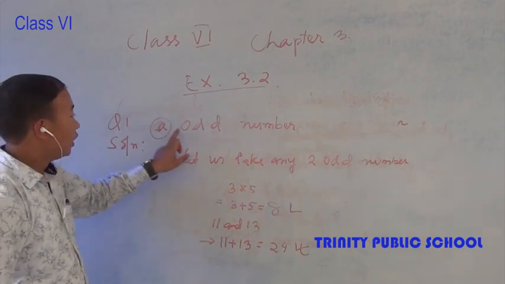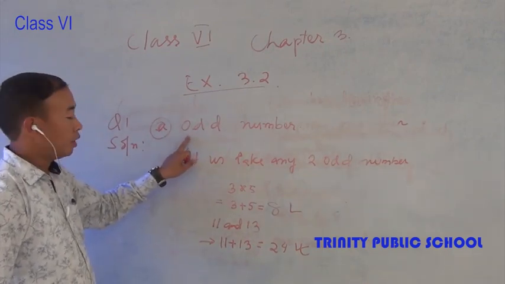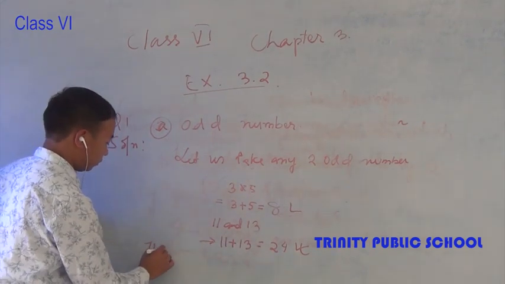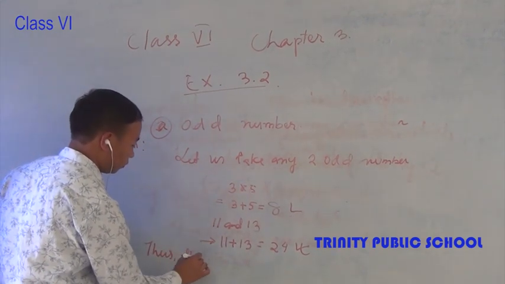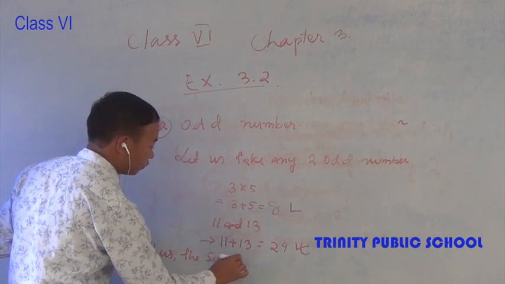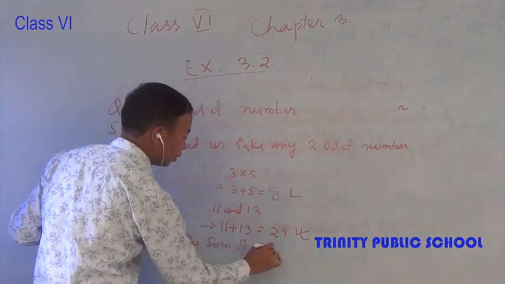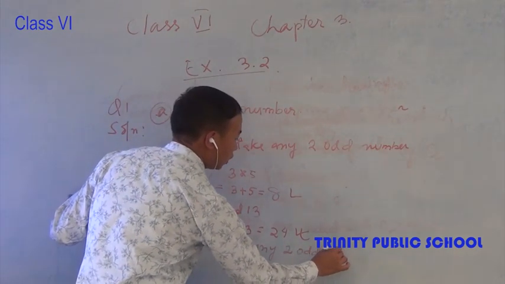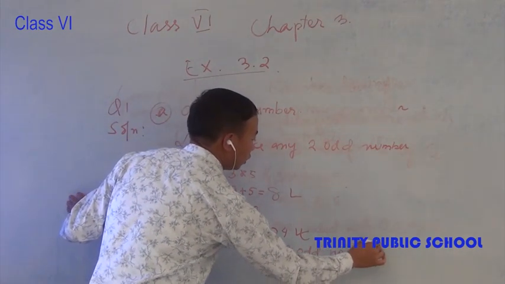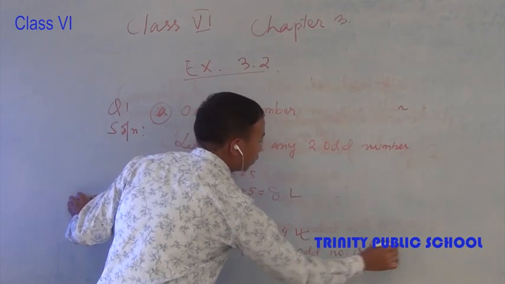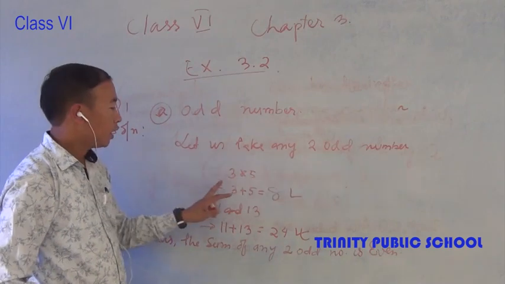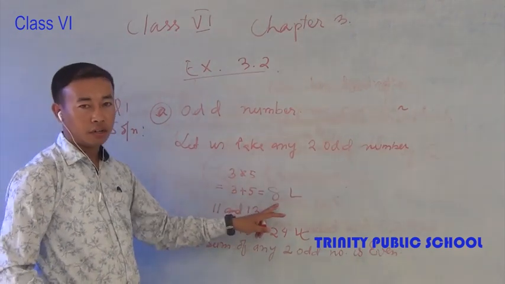So we can conclude that the sum of any two odd numbers is even. You can choose any two odd numbers, whatever you want, and the sum will be an even number.